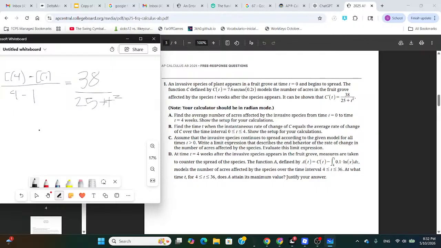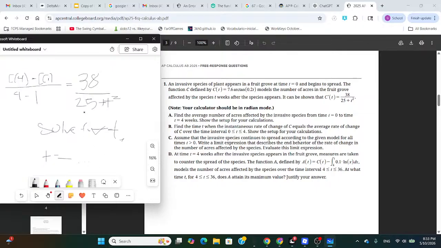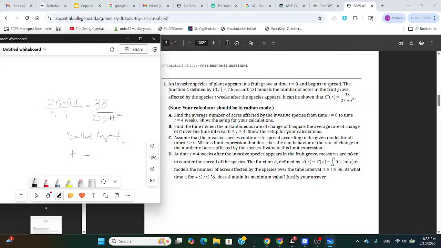And then you solve for t. Oh, it actually makes sense, right?